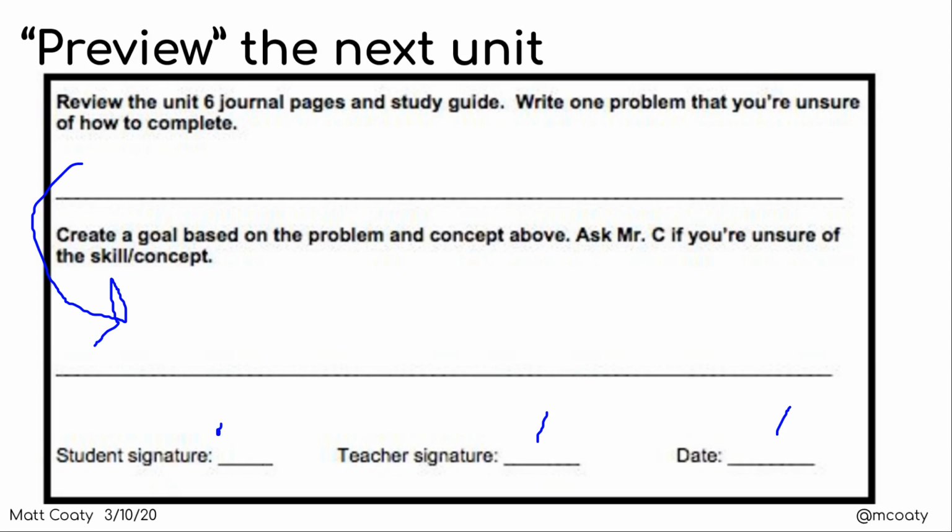They look at their journal, and some kids look at it and say, oh, I got it, I'm good to go. But then we look through it a little more carefully and find out, okay, maybe I don't. Maybe there are some things in here that I'm not quite familiar with. And then we make the goals in that piece.